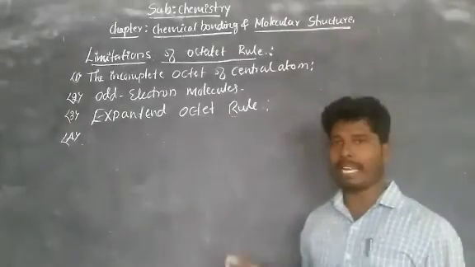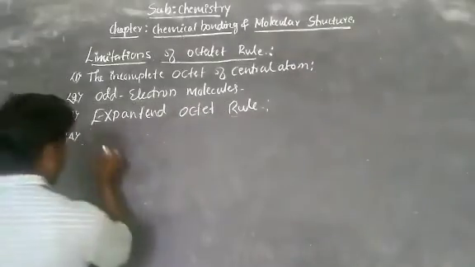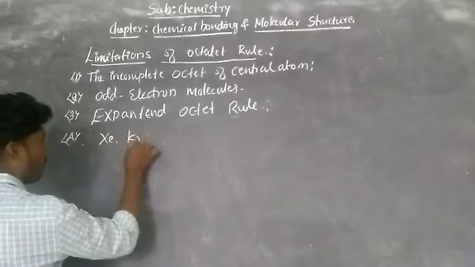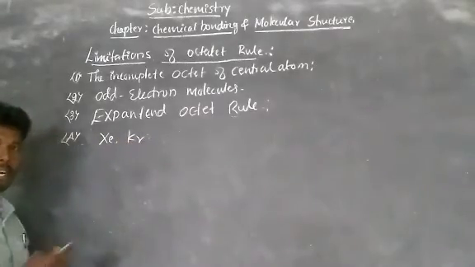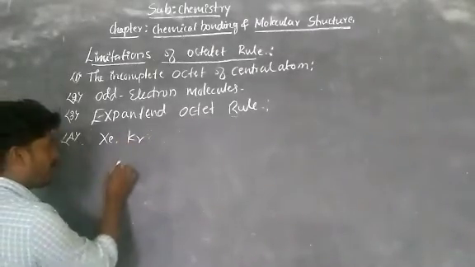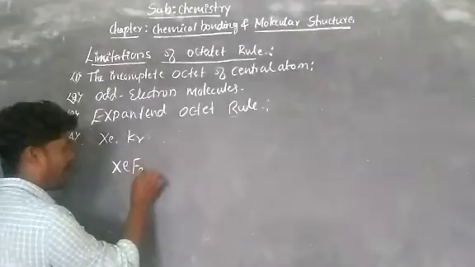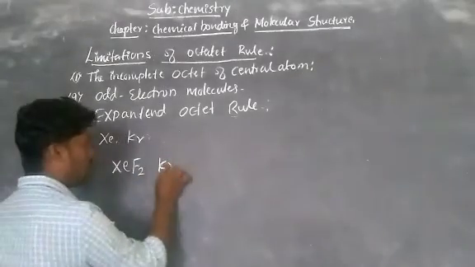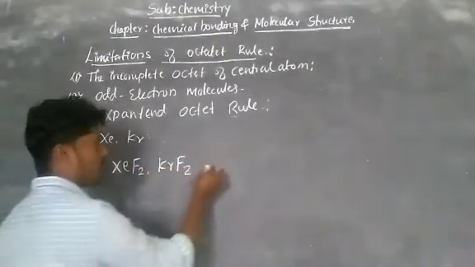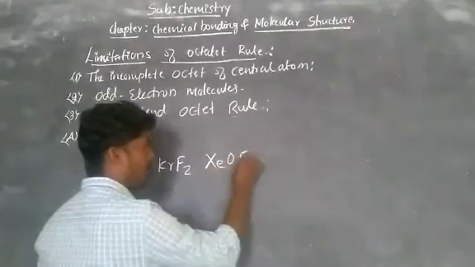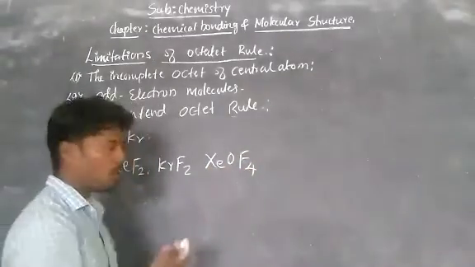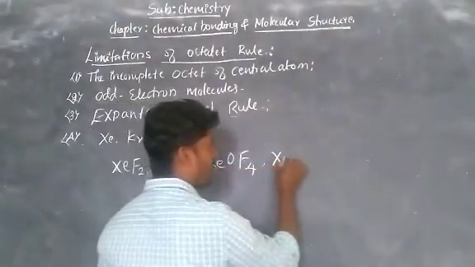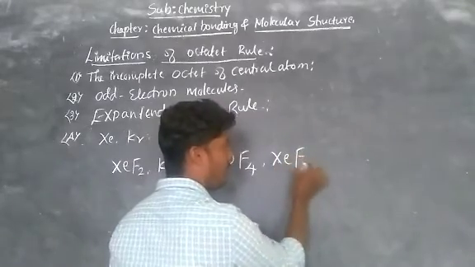But some noble gases like xenon and krypton form compounds. For example, see xenon difluoride or krypton difluoride or xenon tetrafluoride oxide compound or xenon hexafluoroplatinum.